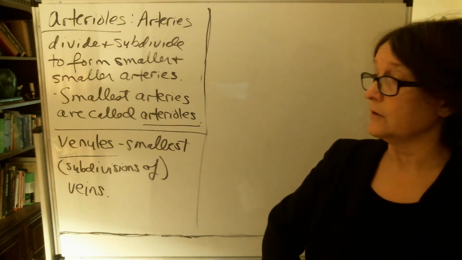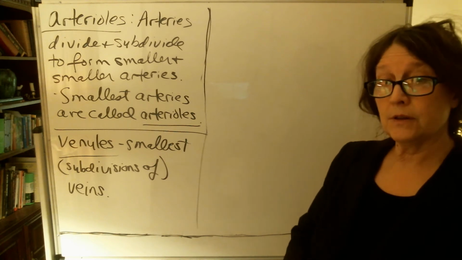So you have arterioles, your smallest arteries. You have venules, the smallest veins.